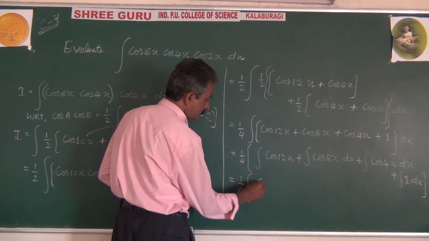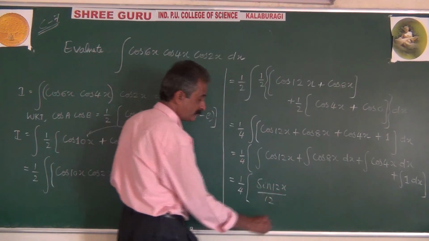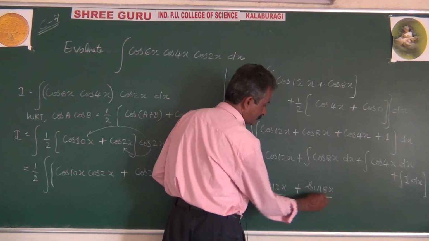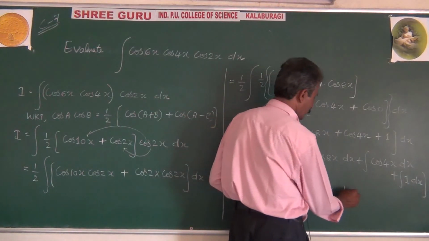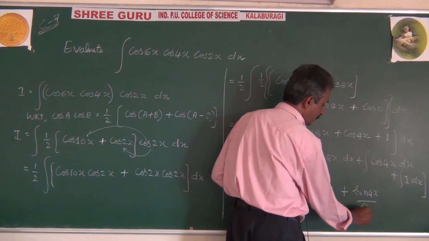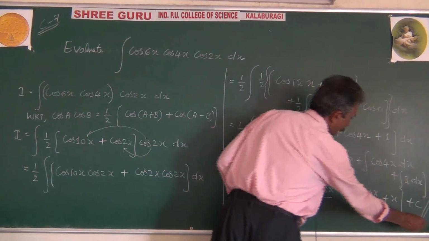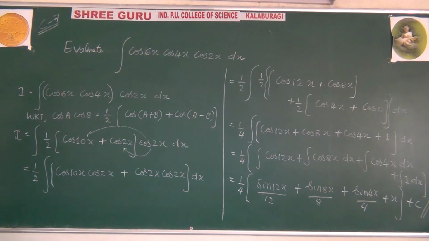So first one sin 12x by 12, next sin 8x by 8 plus sin 4x by 4 plus x plus constant c. So you realize the use of the formula for cos A cos B is quite correct.